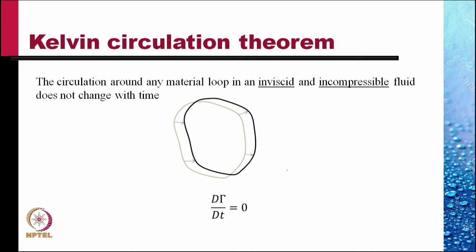Then whatever be the circulation of this loop, of this circuit, at any given time remains constant with time. d gamma by dt is 0. Note that this being a material circuit is important.